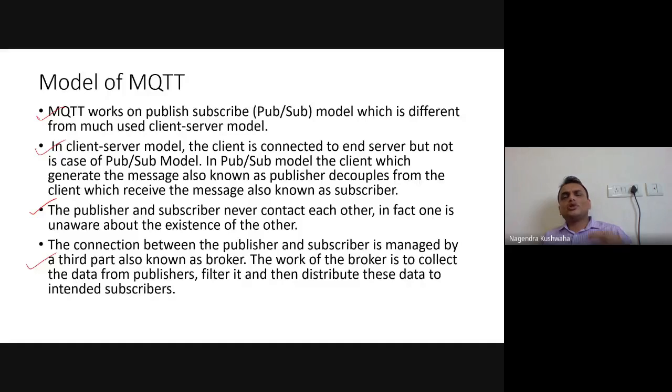The broker collects all the data from the publisher and filters it. Like in the case of the newspaper, the vendor filters which subscriber has subscribed to which newspapers, like Hindustan Times or The Hindu. So it performs the filtering operation and then distributes it.